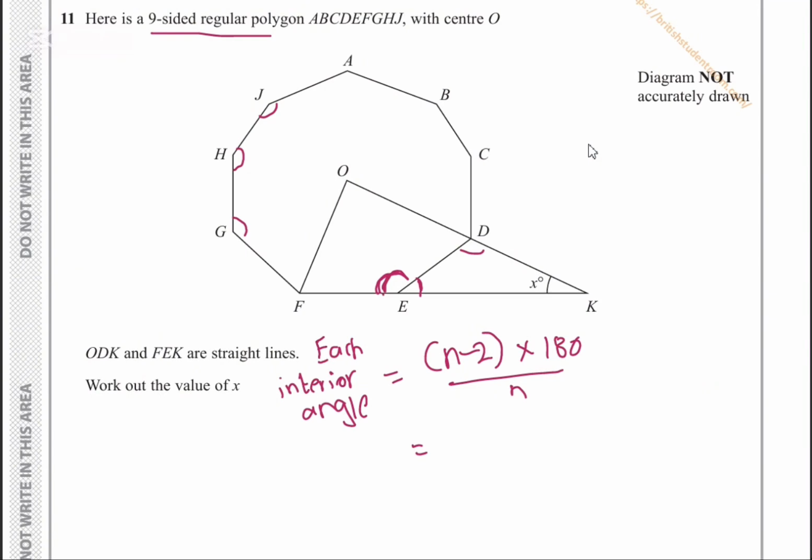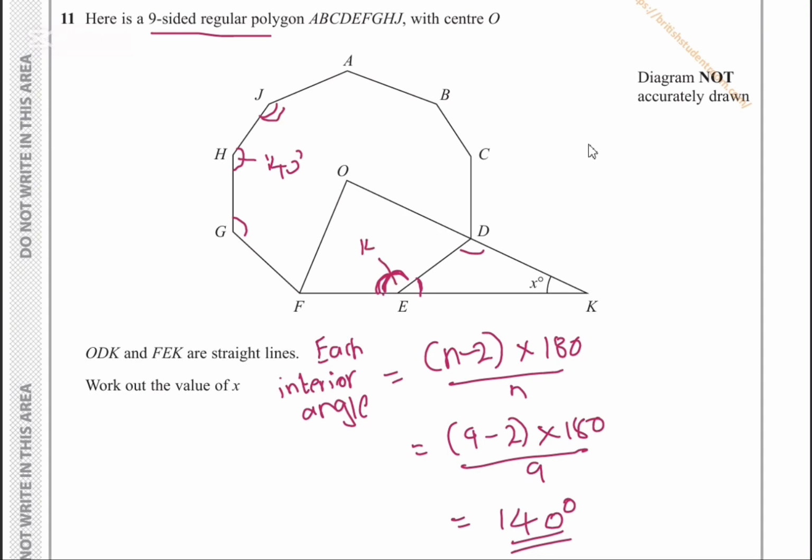In this case, it's a 9-sided one, therefore I'd have 9 minus 2 times 180 divided by 9, and this gives me an answer of 140 degrees, which means this angle is 140, so is this angle, so is this, likewise even this angle is 140 degrees.